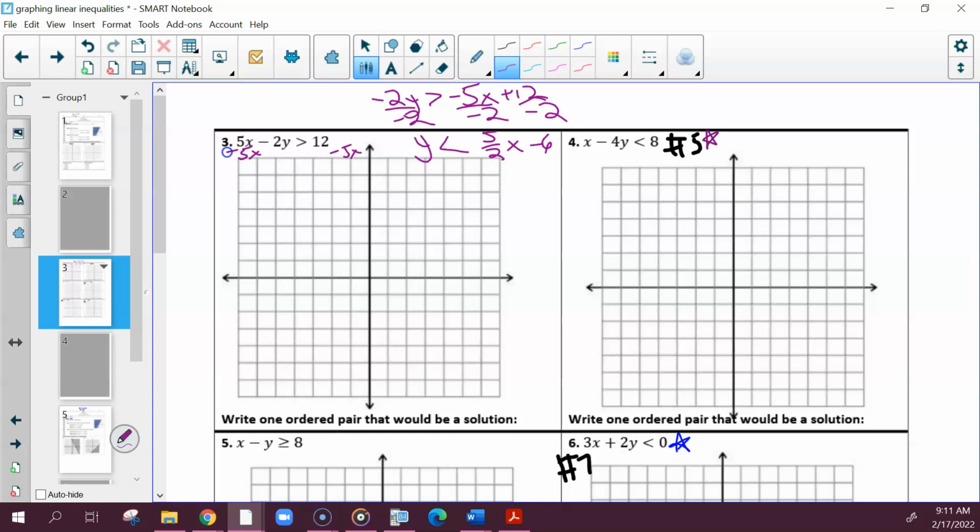Right. So we would have a y-intercept at negative 6. Our slope would be 5 over 2, so go up 5, to the right 2, as many times as possible.